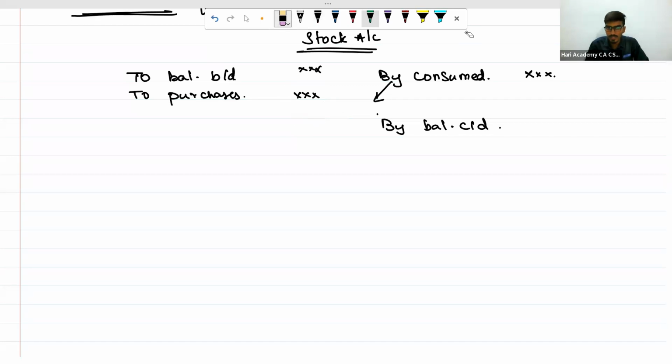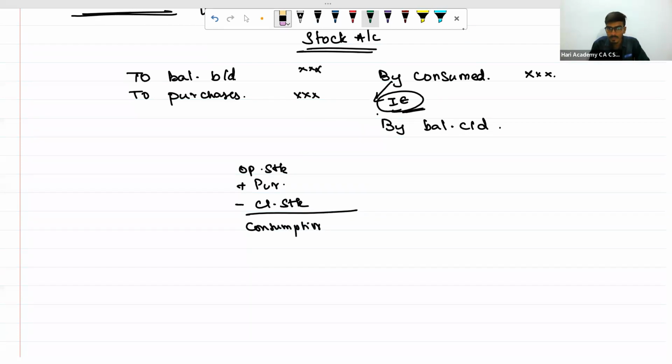So here the purchases and this consumption, we need to transfer to income and expenditure account on the debit side. To put it very simply, it is nothing but opening stock plus purchases minus closing stock will give you the consumption part.